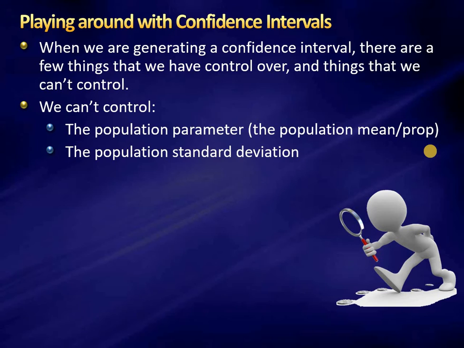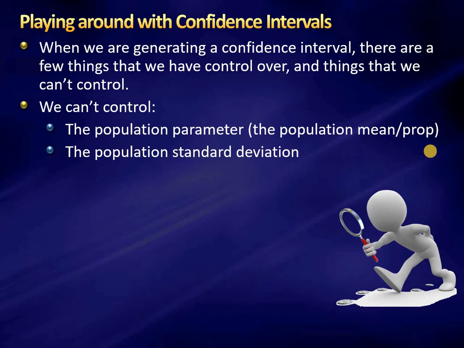I'm not going to say find the proportion of red beads and, well, okay, I want to change it now to the proportion of people who like bacon. Population proportion, parameter, whether it's mean or proportion, you can't change that.